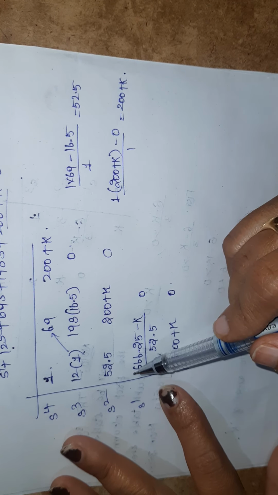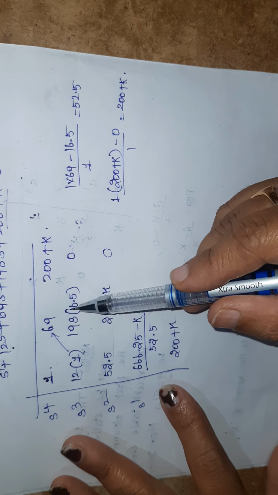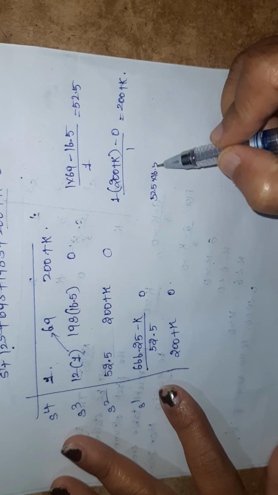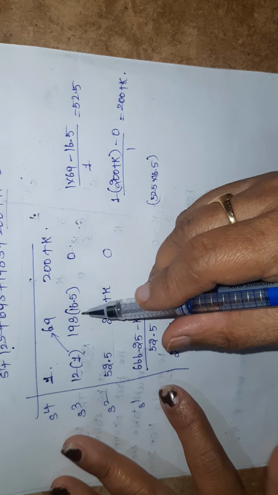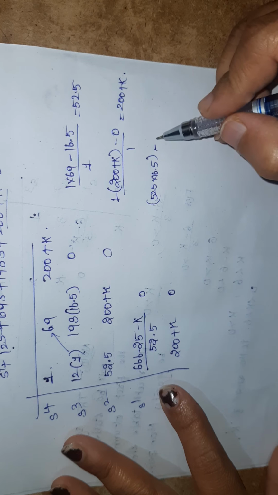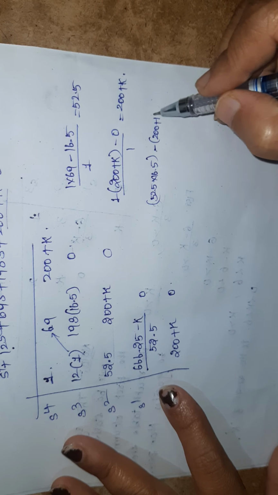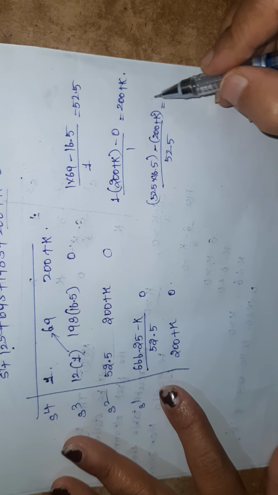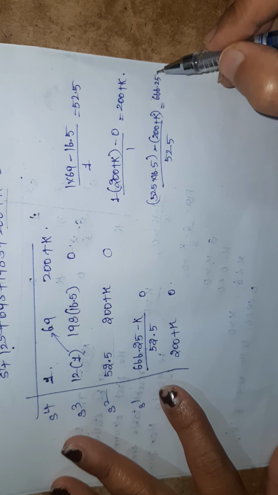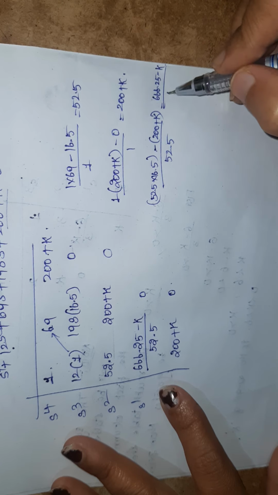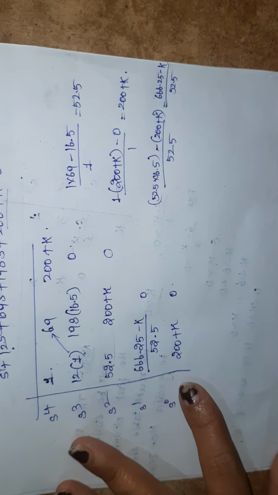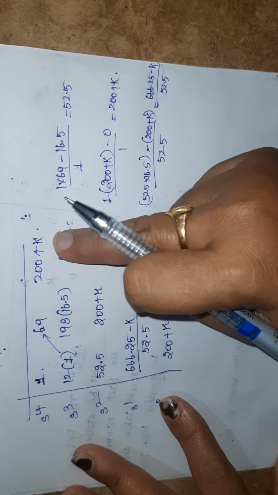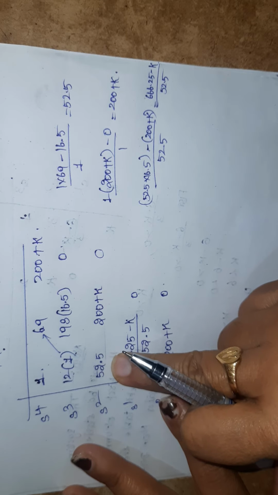After that, same way, 52.5 into 16.5 minus 200 plus k, divided by 52.5. The answer will be 666.25 minus k by 52.5. So like this we have to do: cross multiplication divided by this one, and again cross multiplication divided by this term.